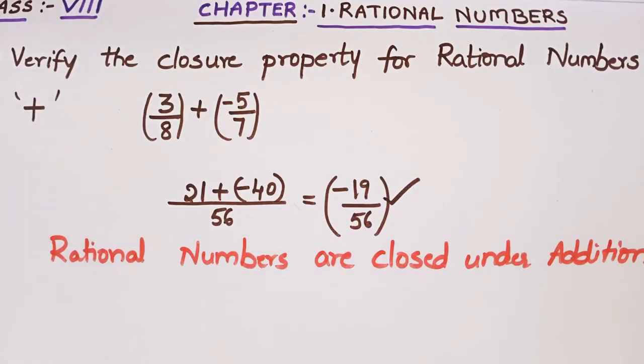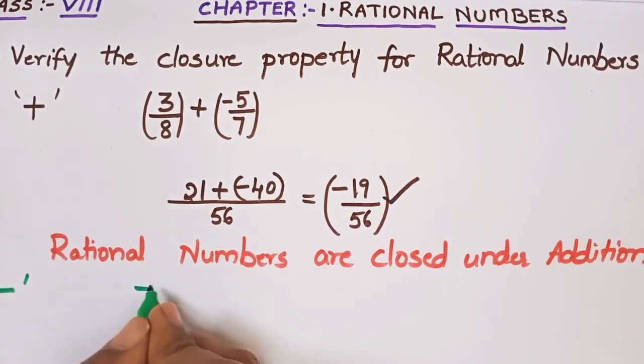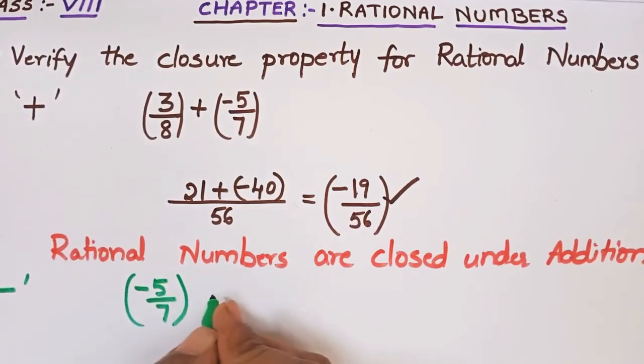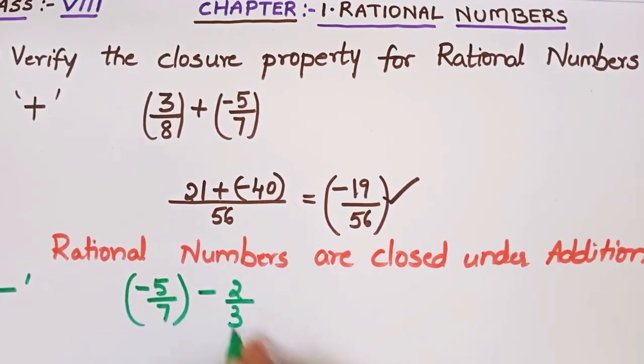Okay, now let us go for the next operation, that is subtraction. I want to check whether subtraction is closed for rational numbers or not. Are rational numbers closed under subtraction or not? For the sake of this, I want to take two different rational numbers, that is minus 5 by 7, and I want to subtract 2 by 3 from this.